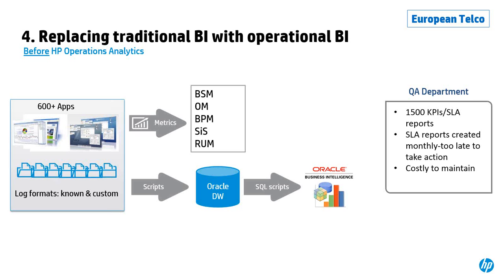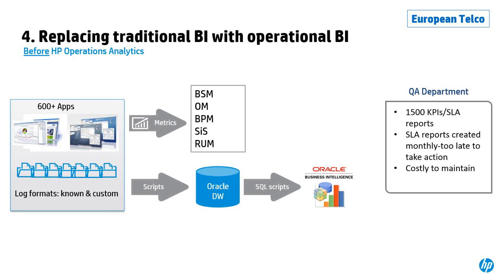They had over 1,500 SLAs that they were trying to keep track of and needed to report back to their business units. And all of this reporting and management infrastructure was not working in the manner they needed.